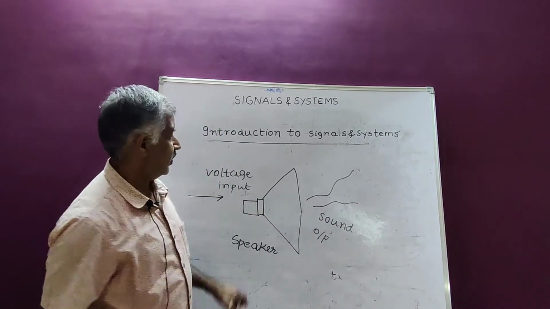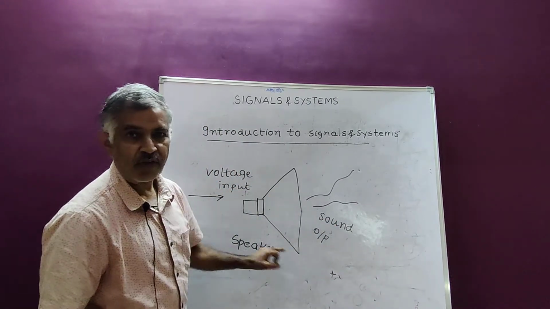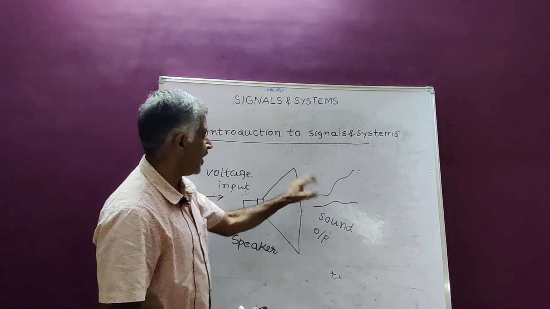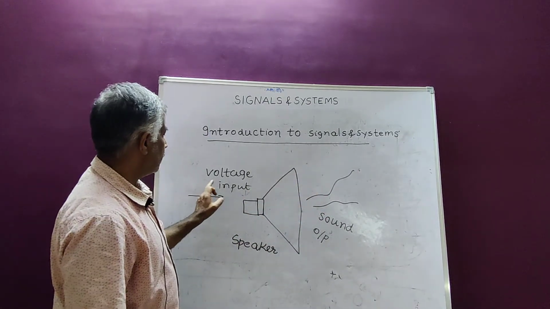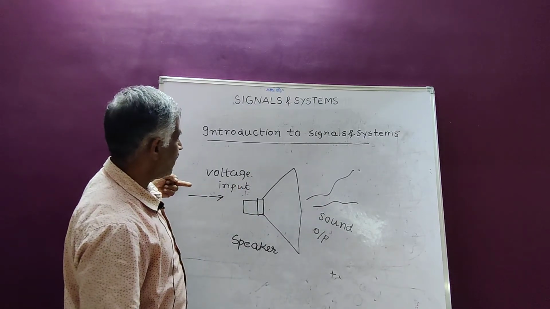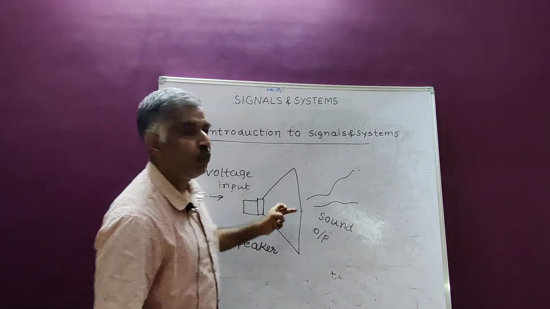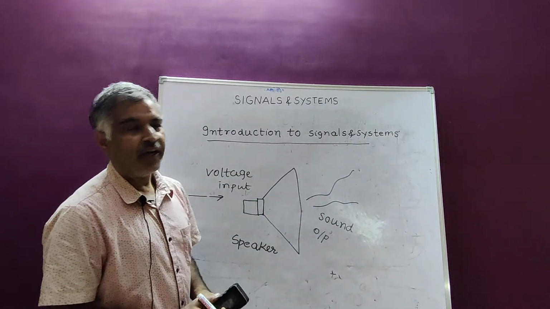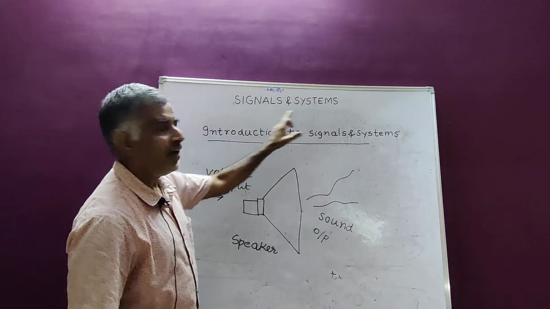So here the system is in the form of a speaker, and these two form the signals: a voltage input signal and a sound output signal. So this is a best example to identify signals and systems.